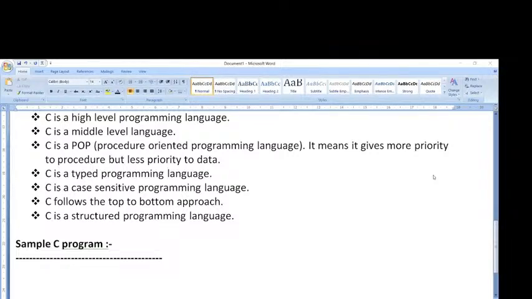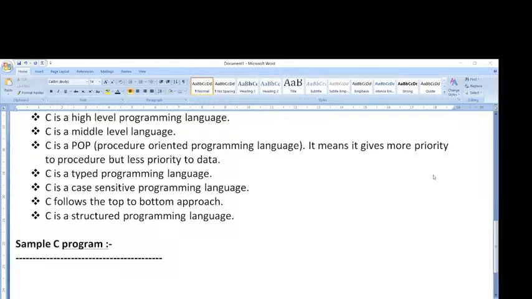Then open and close the curly brackets. In between these two curly brackets, you have to write the solution for the program. That solution is called processing statements. Right. It is the sample C program.